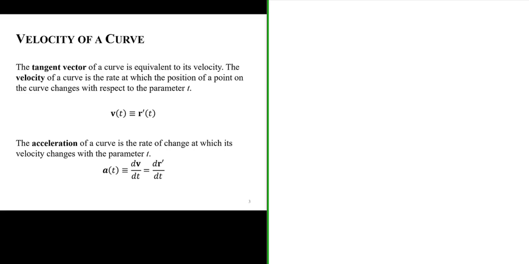In other words, velocity is the rate of change of position with respect to the parameter t. If we continue using the analogy of t being time, you can think of velocity as being the time rate of change of position.